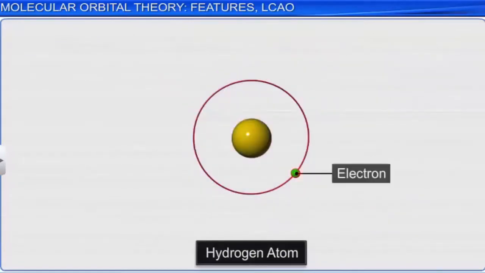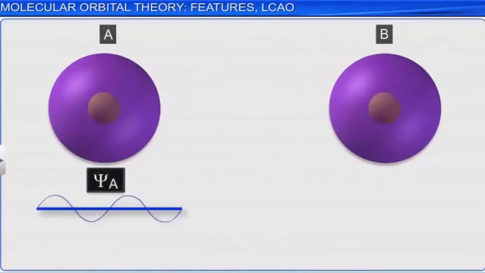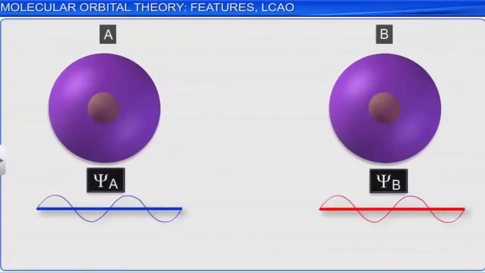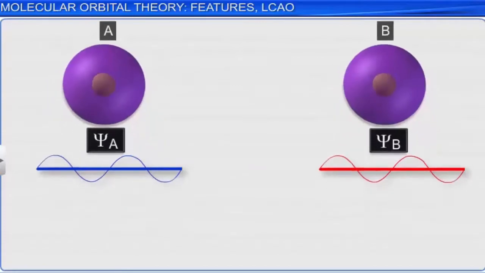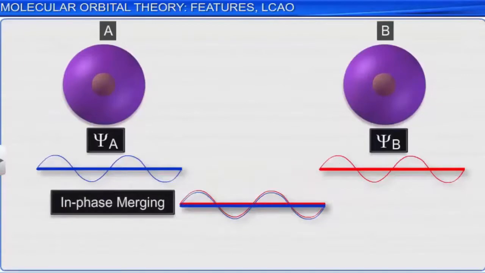Let's represent their wave functions as psi A and psi B. Now, there are two ways to add the wave functions. One is when these wave functions are in phase, either both plus or both minus. And the other is when the two wave functions are out of phase, one plus and the other minus.